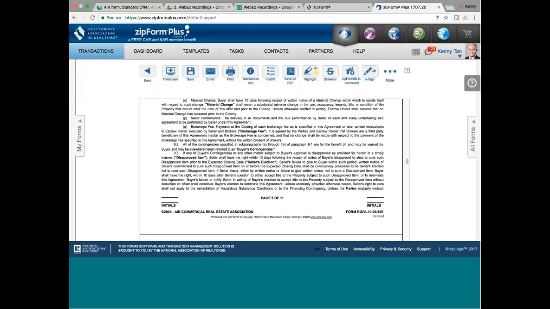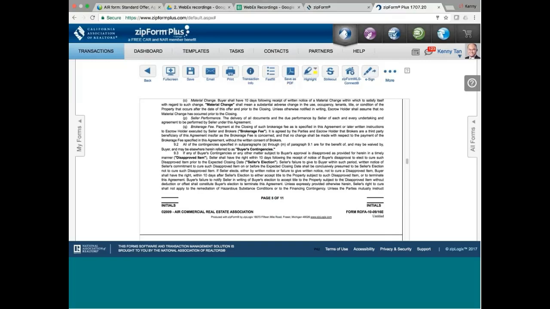Now, there's one aspect about the AIR form that is different from the CAR form, which is that on the CAR form, there is nothing mentioned about what if the buyer doesn't like what the buyer sees on the title report, whether the buyer can cancel or not.